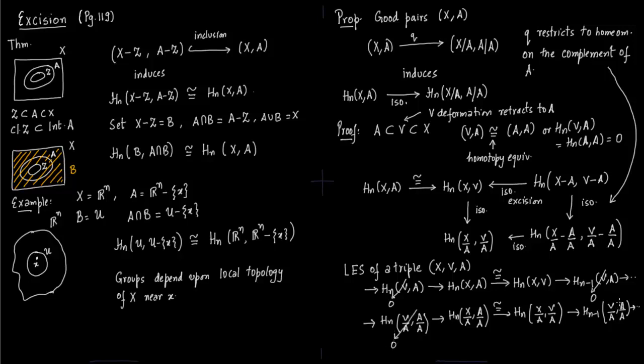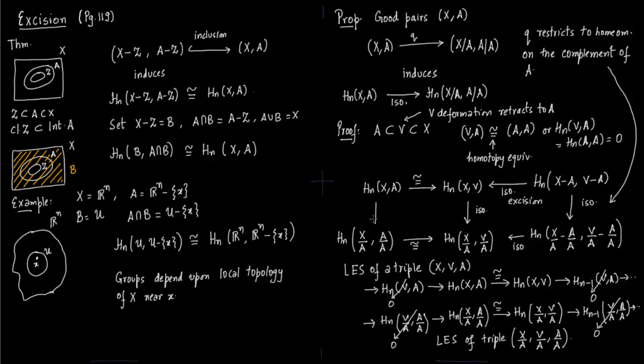So again this will be 0, this will be 0. So you can say this is a long exact sequence of the triple (X/A, V/A, A/A). So now we have obtained this isomorphism here. Let us record it.